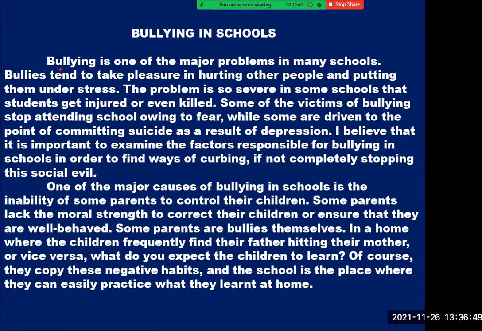Now, before you write, you ought to brainstorm. Think about bullying in schools. What are you going to say? What do you want to discuss? Do you want to talk about the causes and then provide solutions, or do you want to concentrate on the effects? You choose what you are going to discuss.